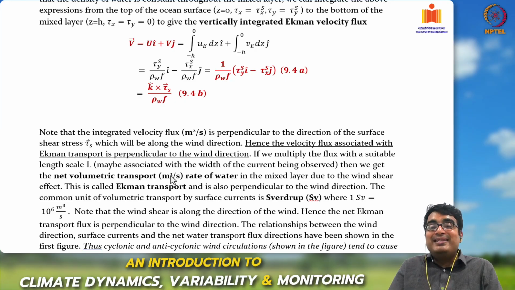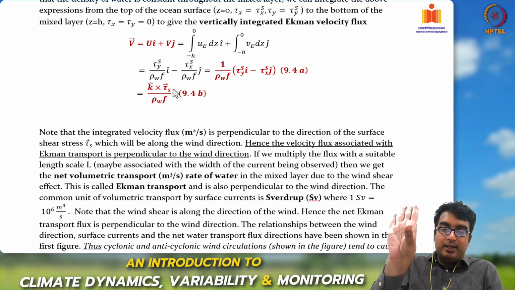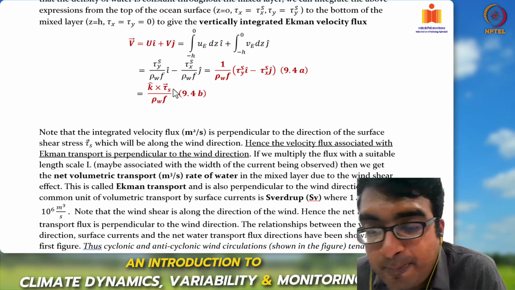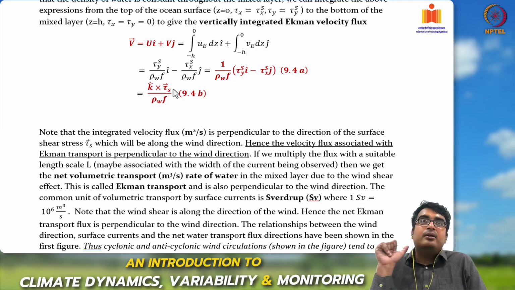Now you can see the surface shear stress is along the wind direction, correct? Because you are doing a vertical direction cross the surface shear stress, the direction of this Ekman velocity flux is perpendicular to the surface shear stress, in the rightward direction.